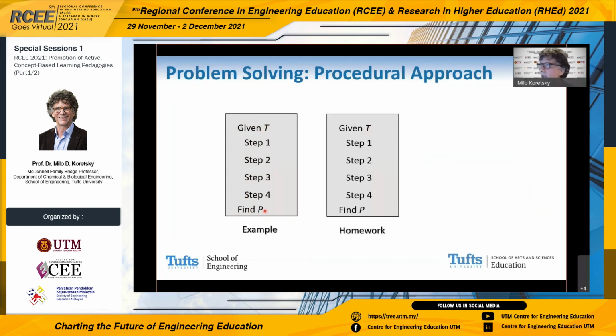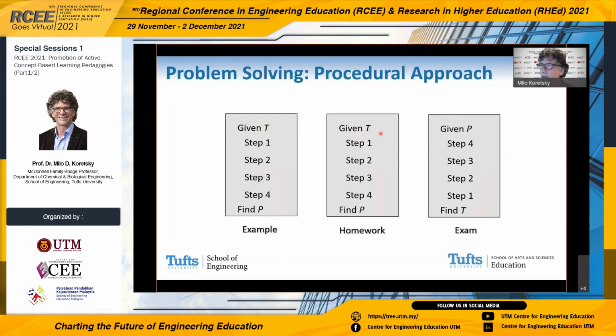Then for homework, they practice that. And for an exam, we might flip it, and instead of giving them T, we give them P, and they go through this and find T. They do well. Students think we've learned. Professor thinks I've taught. But they're just learning to follow patterns.